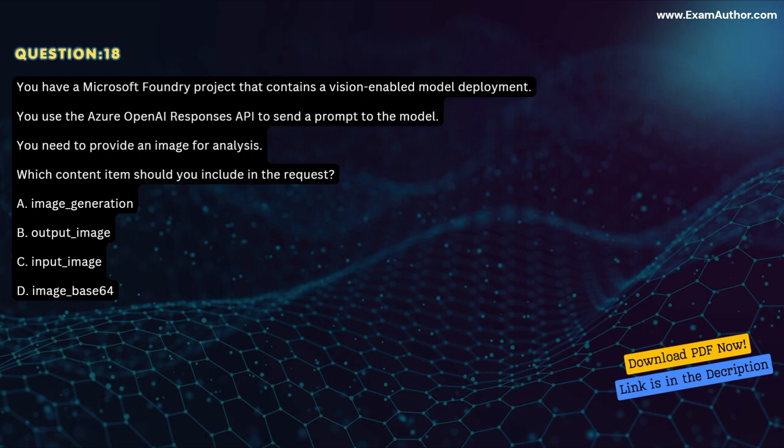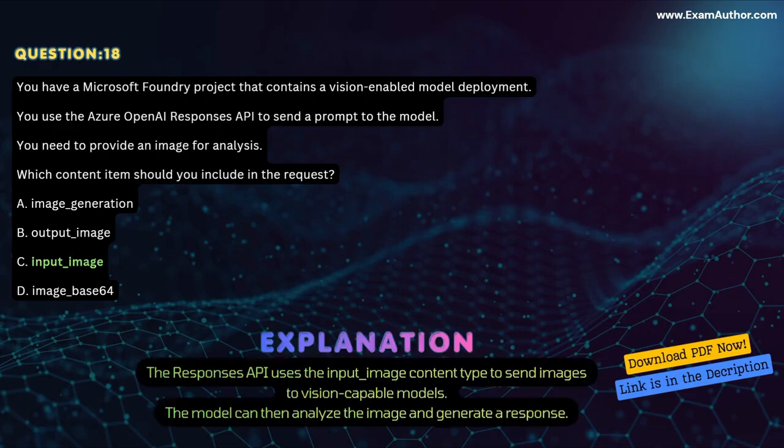C. Input_image. D. Image_base64. Answer C. Input_image. Explanation. The Responses API uses the input_image content type to send images to vision-capable models. The model can then analyze the image and generate a response.